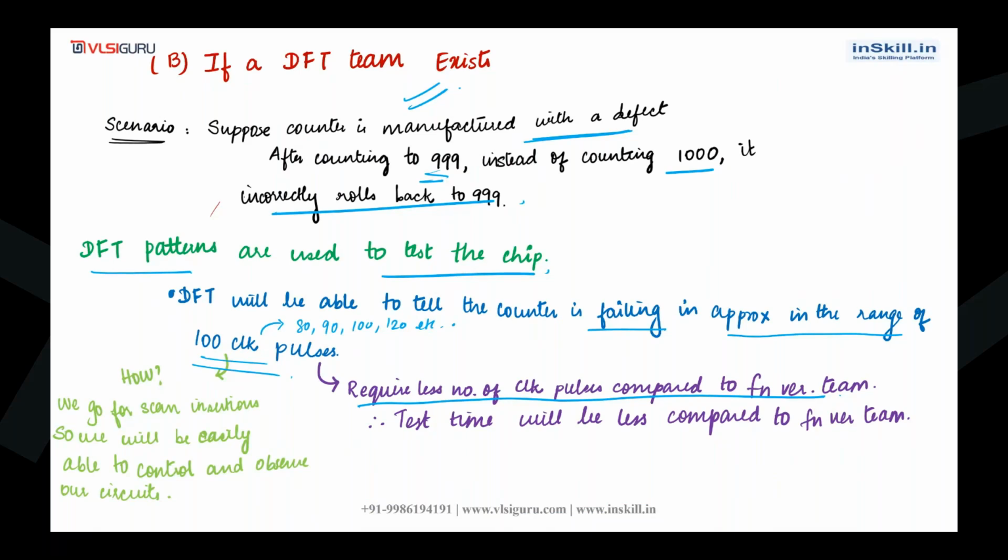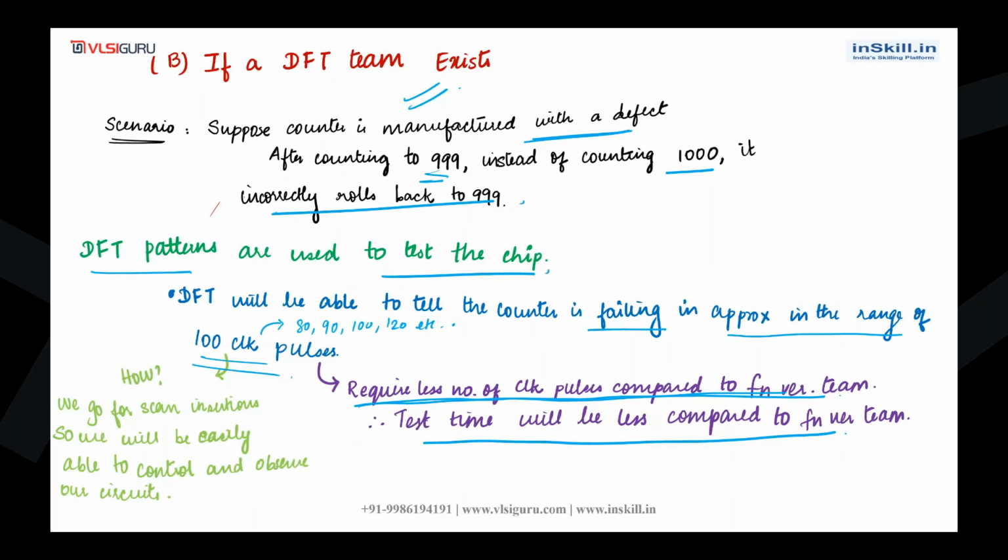So we require fewer clock cycles as compared to the functional verification team, and that's why test time will be less.